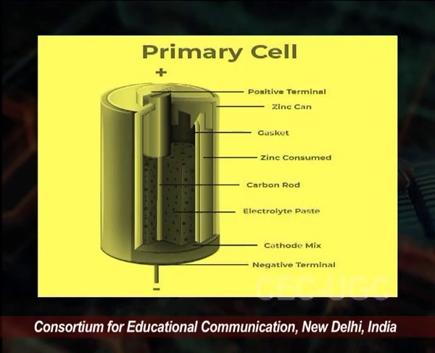Moreover, we have a zinc can, and all the material, that is electrolyte and electrodes, is in the cover of this zinc can. There are other parts also, like carbon, an electrolytic plate, a cathode mix, and the zinc can, and various other parts of this primary cell.